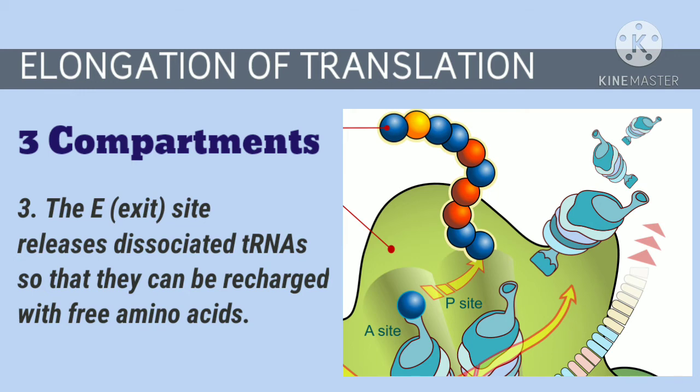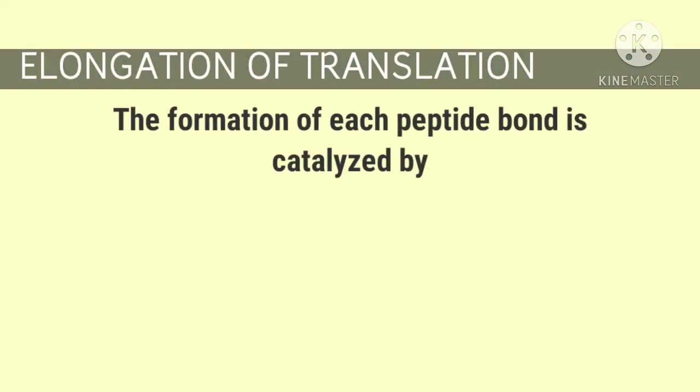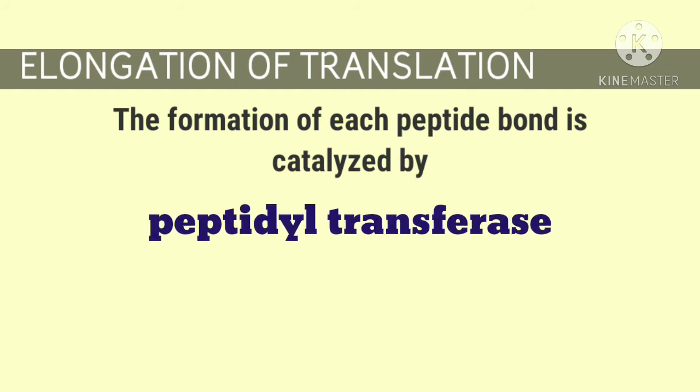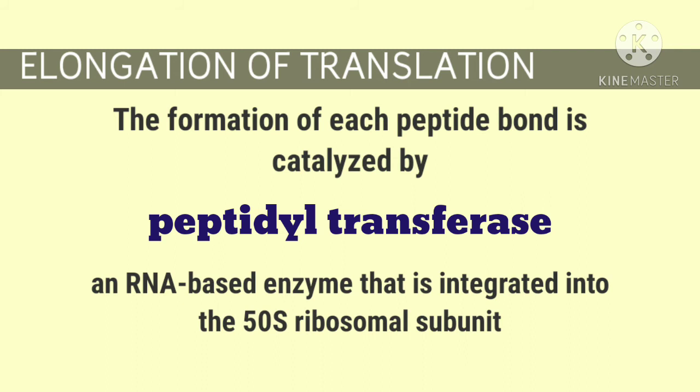This creates an initiation complex with the free A site ready to accept the tRNA corresponding to the first codon after the AUG. The formation of each peptide bond is catalyzed by peptidyl transferase, an RNA-based enzyme that is integrated into the 50S ribosomal subunit.